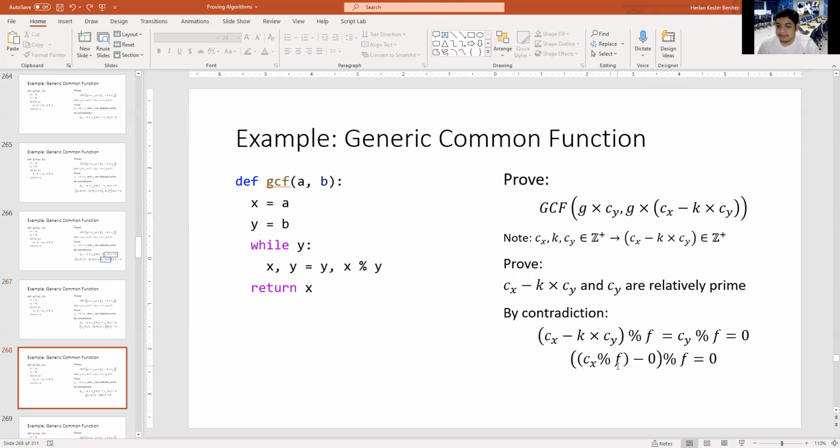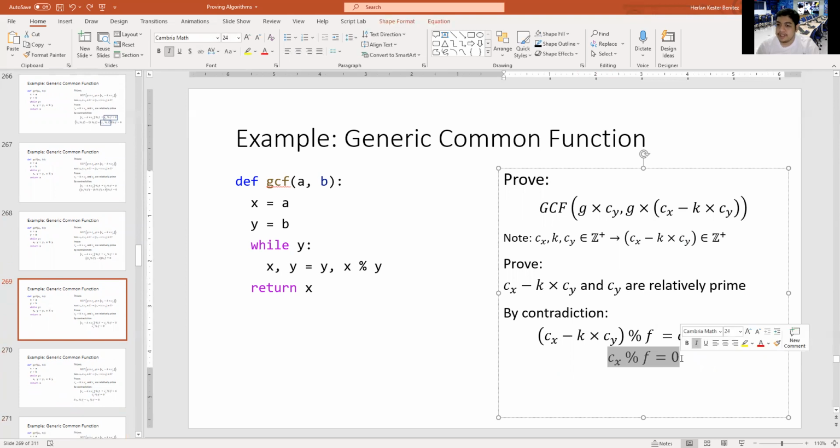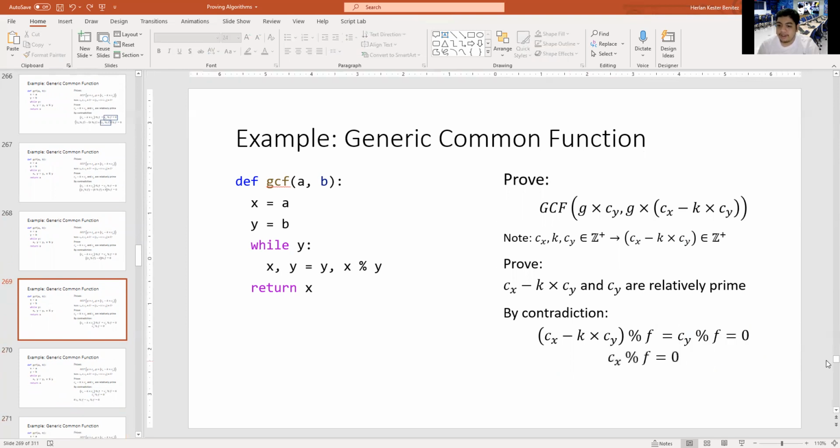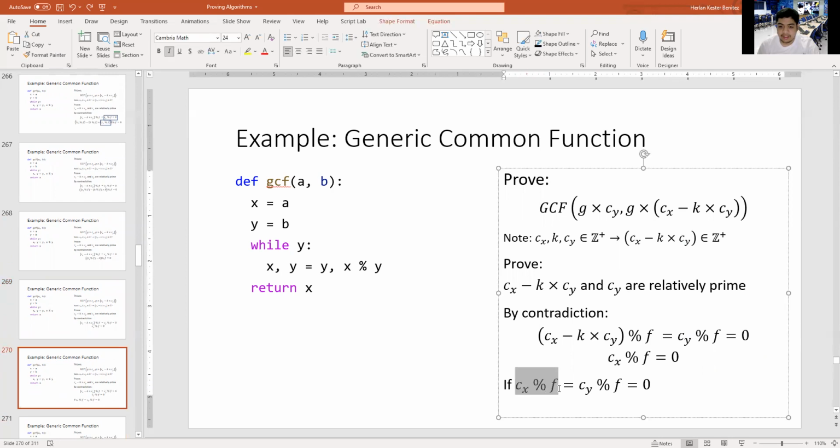So, in this case, cx modulo f should be 0. However, remember our statement earlier: if we showed that cx modulo f and cy modulo f equal 0, then f is also a common factor of cx and cy.